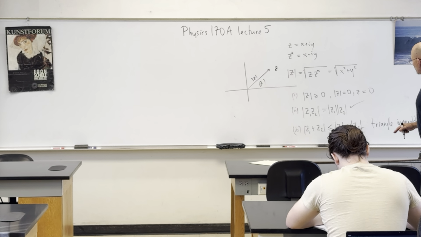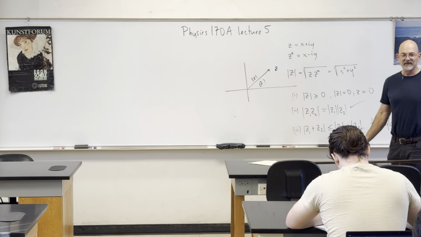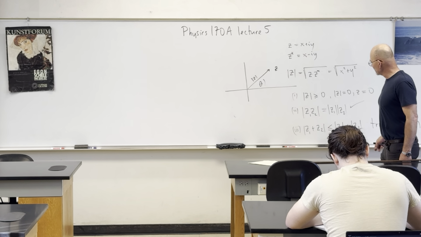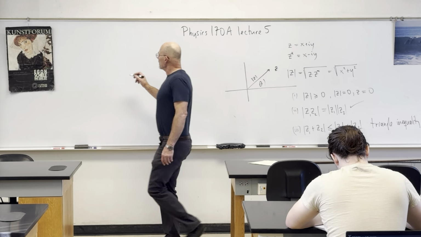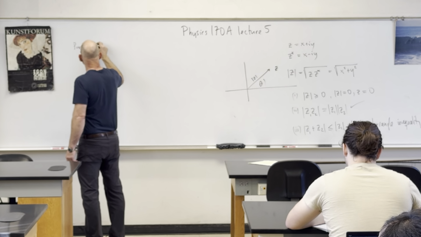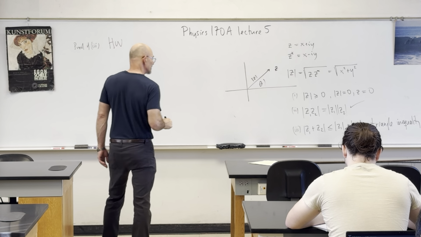And the question is, how do we prove this? The first thing we'll do is square both sides, which won't change the fact, because everything's positive here. So, proof of 1, 2, 3. I'll get started and leave you guys a couple of steps.